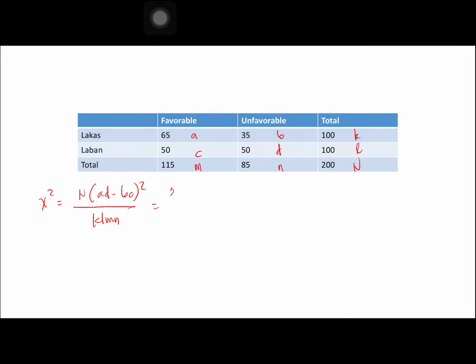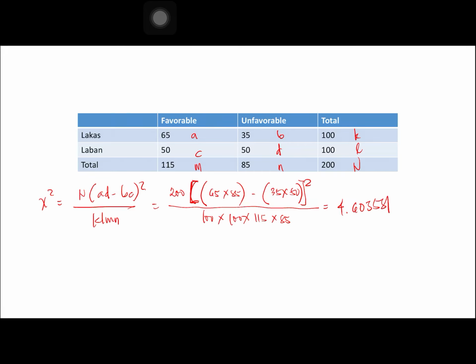We have 200 times 65 times 85 minus 35 times 50, squared, divided by 100 times 100 times 115 times 85. So that gives us 4.603581.